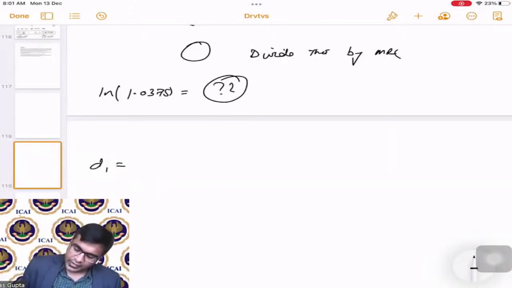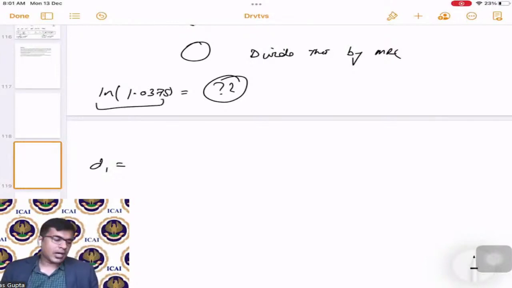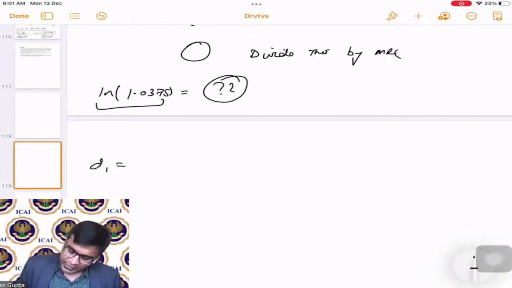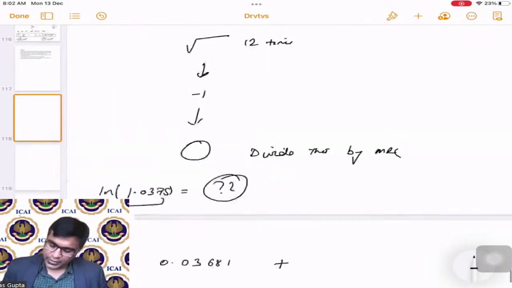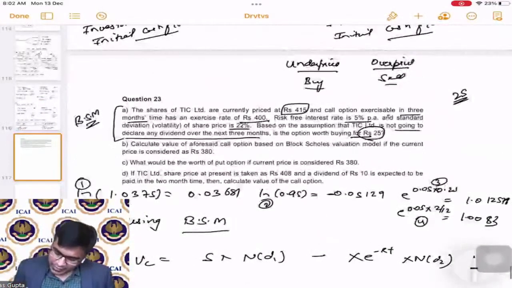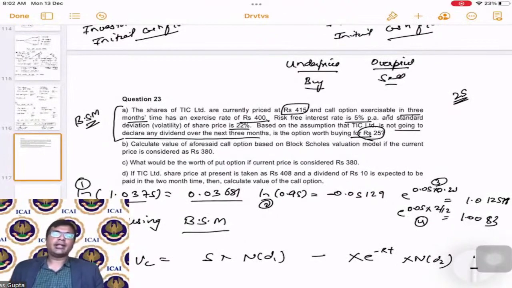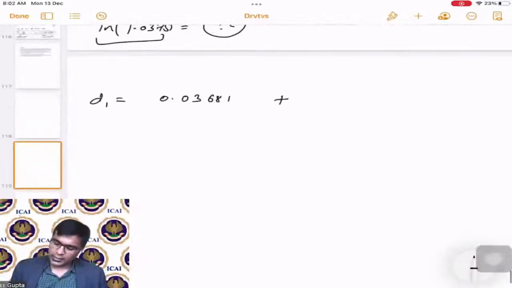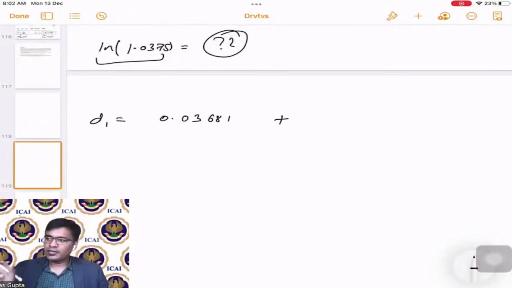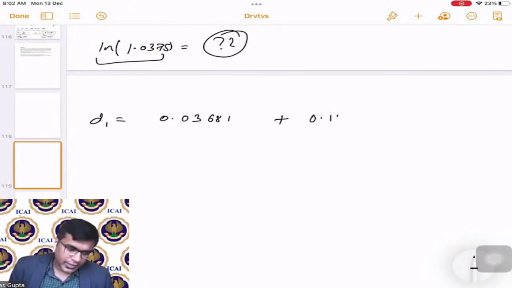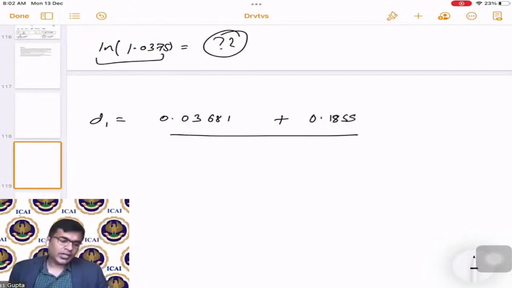Now for D1, since it is given in the question, I have just asked you to mention it, so we will write it. D1 is equal to 0.03681, which is the natural log of 1.0375, correct? Plus, if you solve the other bracket, it will come as 0.1855. This whole divided by 0.11, if we solve this, comes as 0.50327.